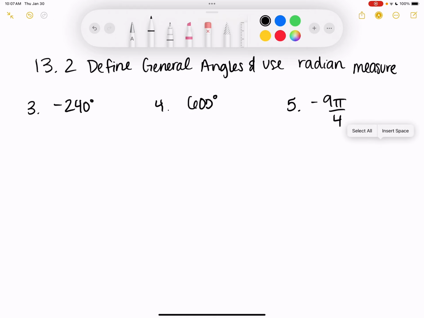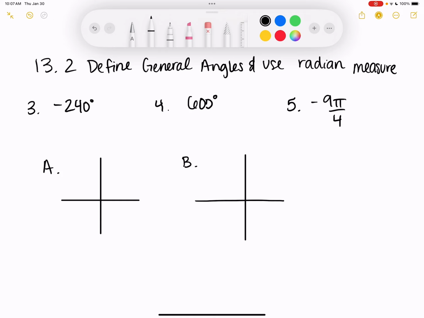And then, let's see, option A. That's gross. All right, and then... What?